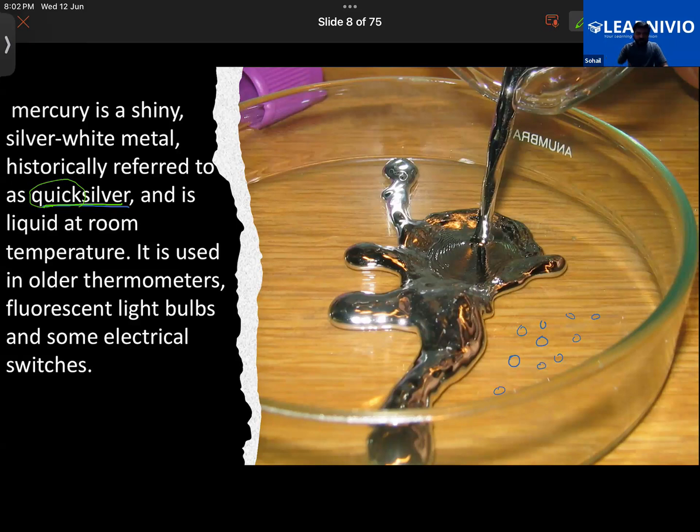That's why it is called quicksilver: silver for its color, and quick for its mobility, its movement. Is that clear? Yes, sir.